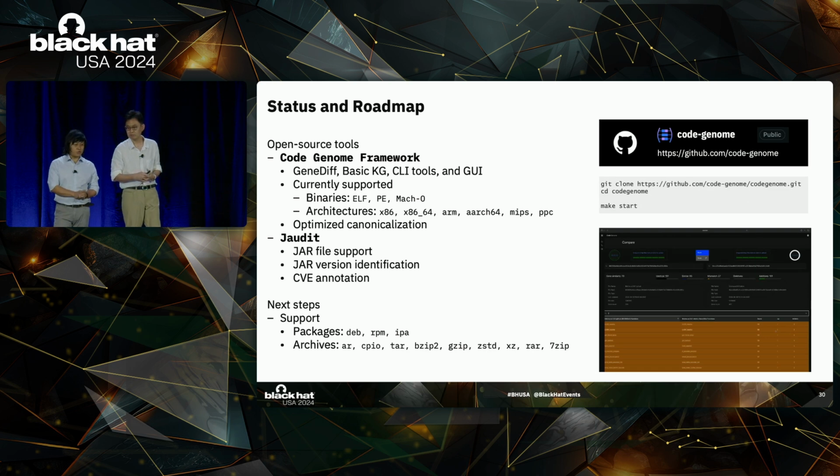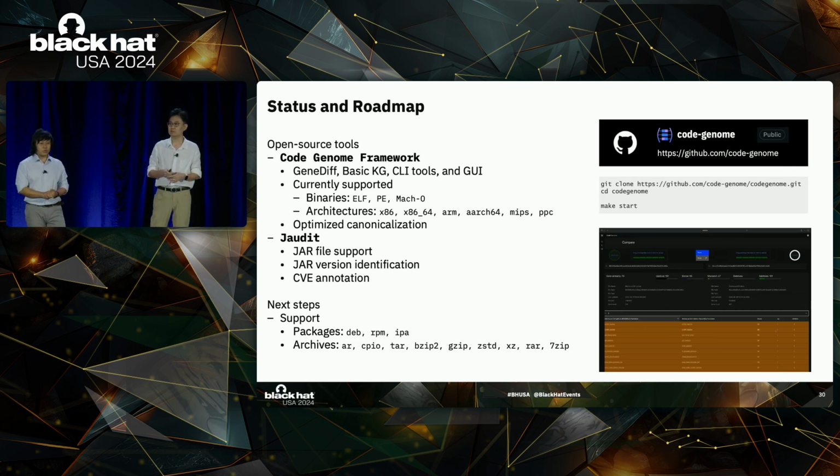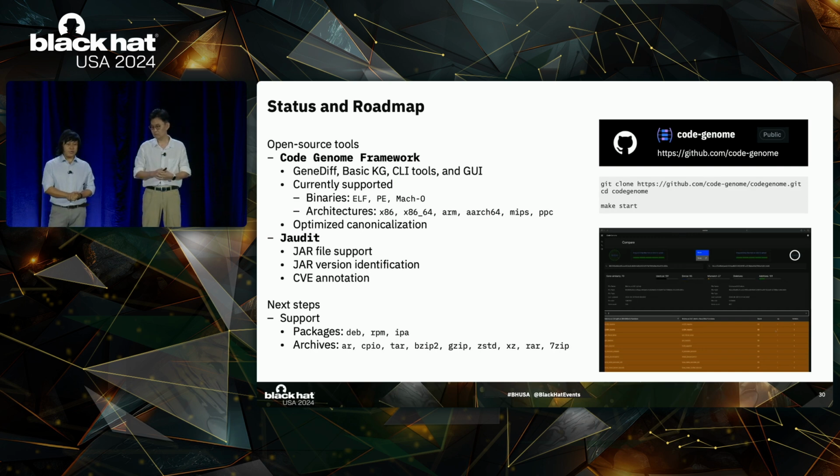So about the open source, it's actually already out there, public. It includes two major components. The first one is the Code Genome Framework itself, and then JAudit, which is used for supporting jar files and Java files for the genome extraction. For the Code Genome Framework, we have GeneDiff that you saw earlier, the basic knowledge graph that is needed, some CLI tools and the UI, and it supports most of the common binary formats and architectures.